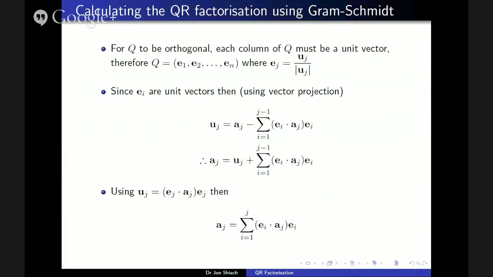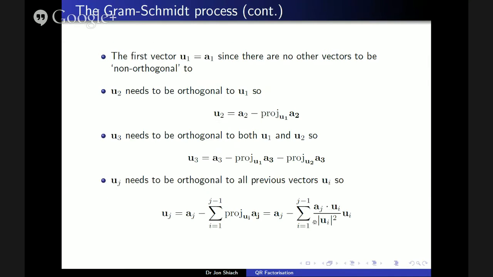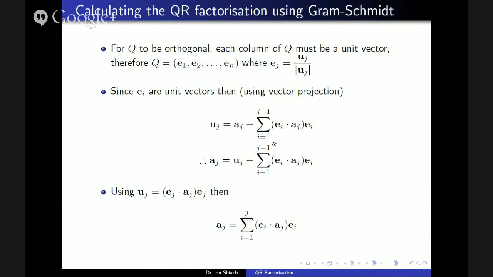Okay, so I'm going to use E to denote the unit vectors, and these are my columns of Q. Since the E's are unit vectors, we can change this expression down here to be the sum of a dot product times our unit vectors.